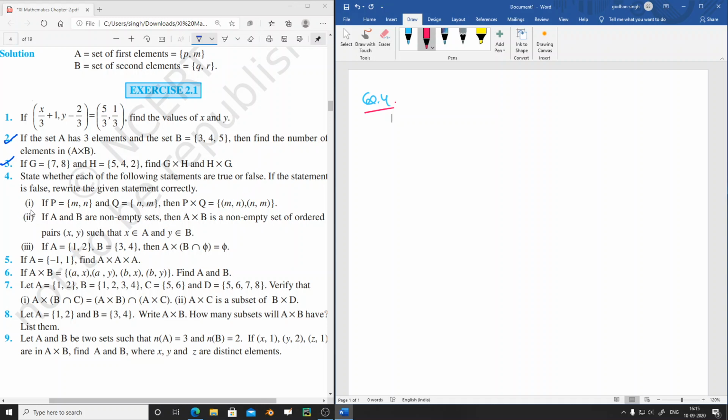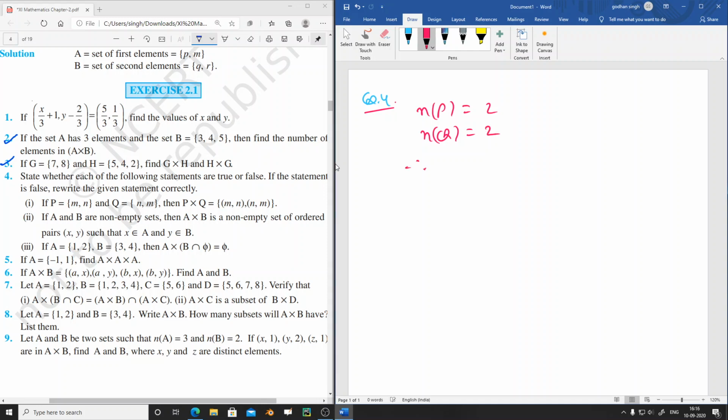So first part: if P equals the set containing the elements m, n and Q is the set containing the elements n, m, then P cross Q equals the set having ordered pairs (m, n) and (n, m). Here we see that n(P), the number of elements in set P, equals 2, and n(Q), the number of elements in set Q, is also 2.